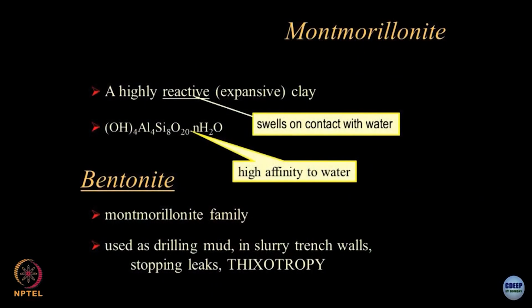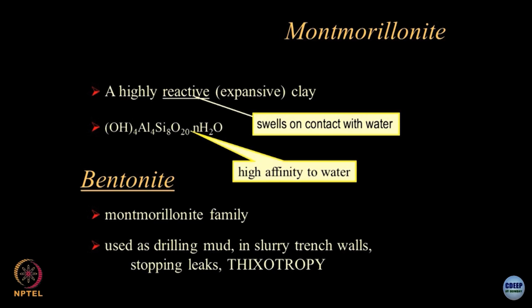A little bit more on the montmorillonite, because this is of special interest. It is a highly reactive expansive clay. Please, as I said last time, it is not expensive, it is expansive, it expands, and this is the formula for the montmorillonite. N times water molecules indicates that N could be any number, clear. So, it has a special hunger for water.